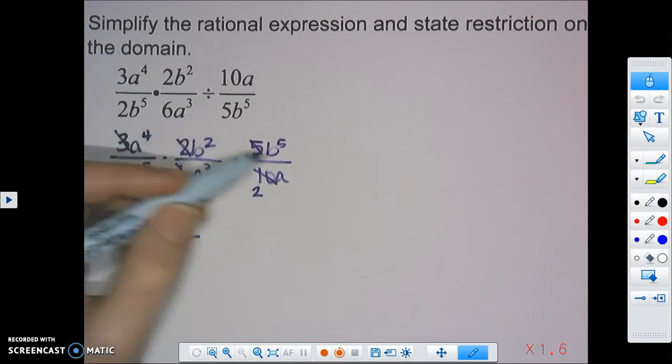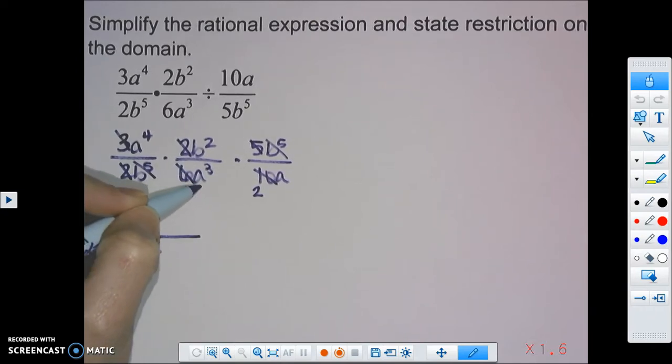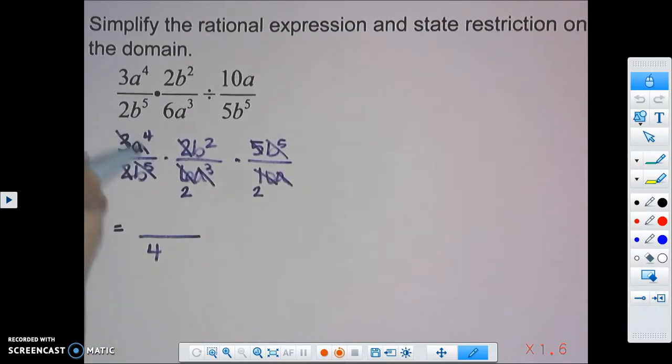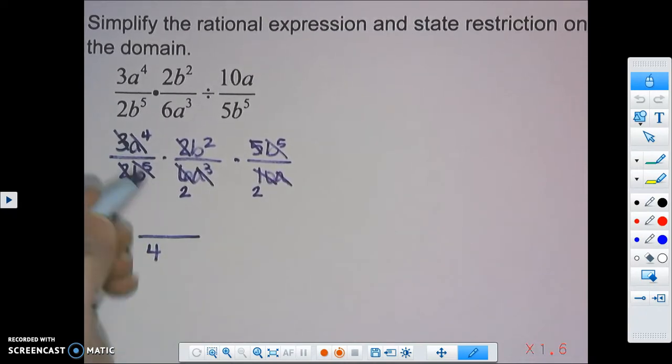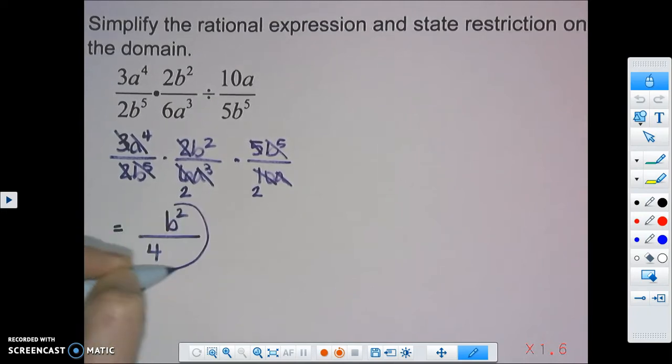I have b to the fifth and b to the fifth. Those go away. And in the denominator, I have a to the third and a, so that means we have a to the fourth. So both of those can go away with the a to the fourth in the top. That means all that we have left in the numerator is b squared, and in the denominator, 4. So there's the first part of our answer.